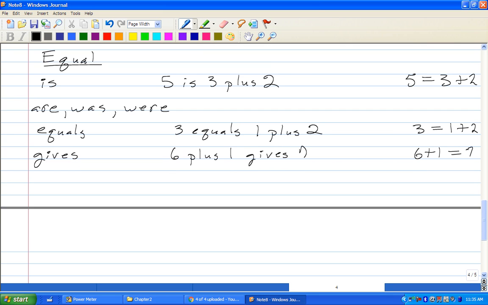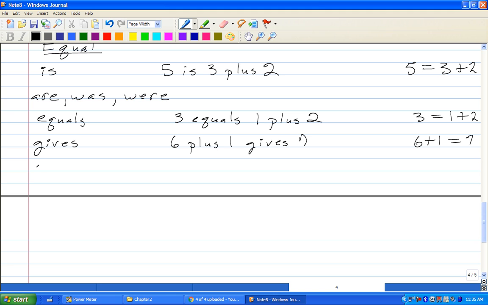Should be: 8 minus 2 should be 6, so 8 minus 2 is equal to 6.